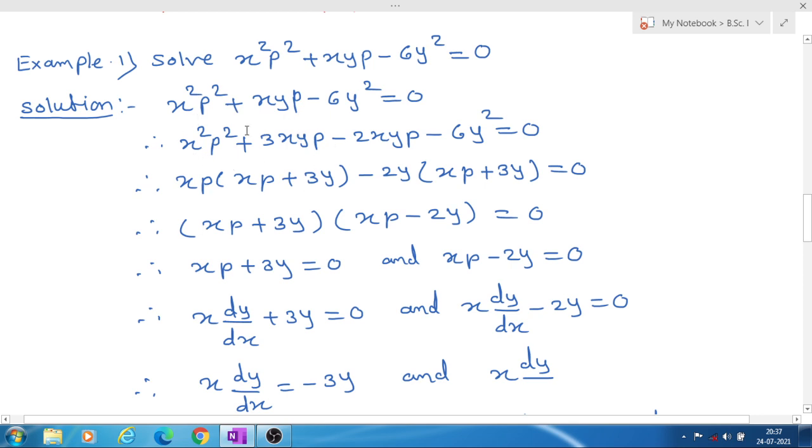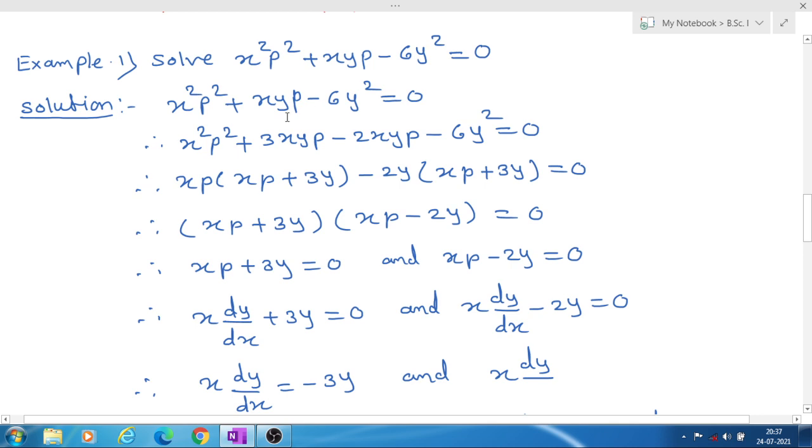Therefore, we have to now factorize this equation. We have to make factors. So here is x square p square, here is xy into p, and here is y square.